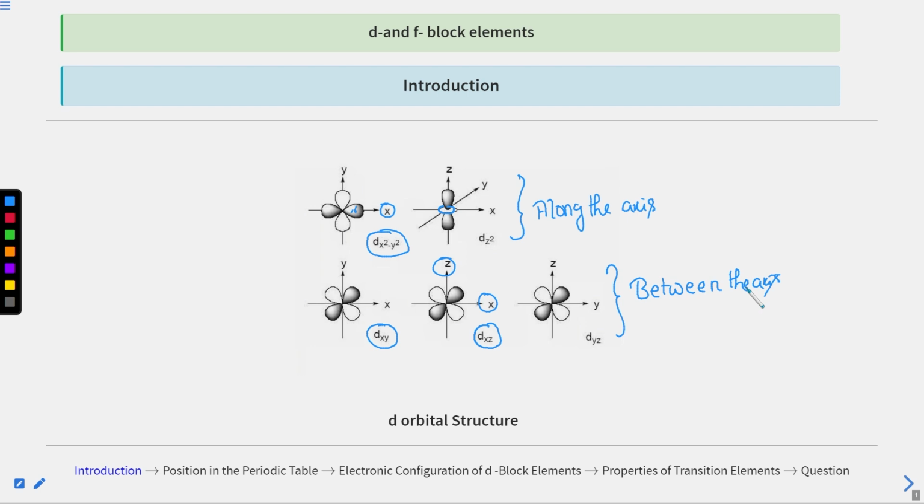Clear? Now, if you have seen the structures of these orbitals earlier, then you must have seen positive and negative signs rather than this shaded region. It is depicting the same thing: these two are in one phase, the shaded ones, and these two are in the other phase.